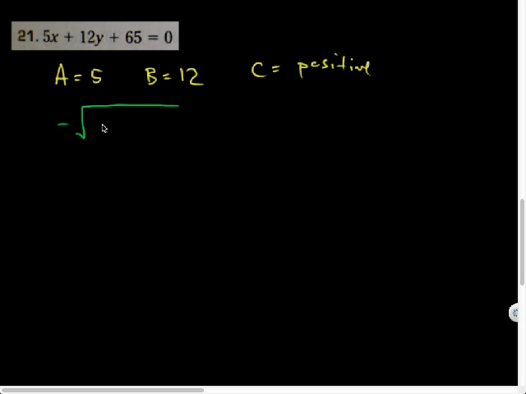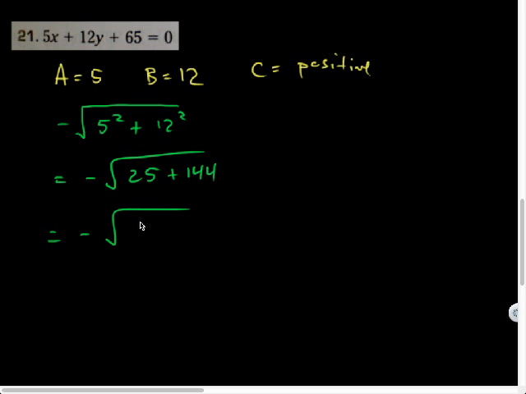So I'm going to have the negative of the square root of a squared plus b squared, which is the negative of the square root of 25 plus 144, which is the negative of, is that 169? You don't say. That is my favorite number. That's 13. Negative 13, right?